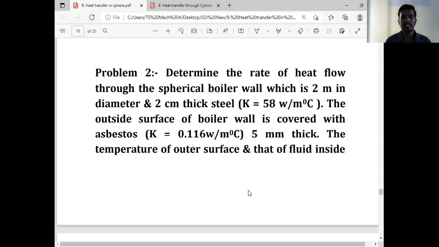In bracket, K is equal to 0.116 watt per meter degree Celsius. 5 mm thick.